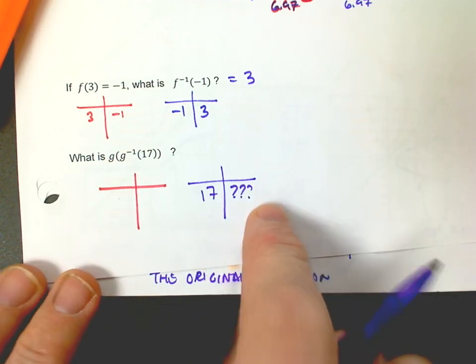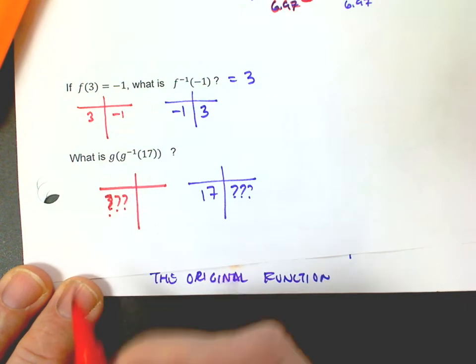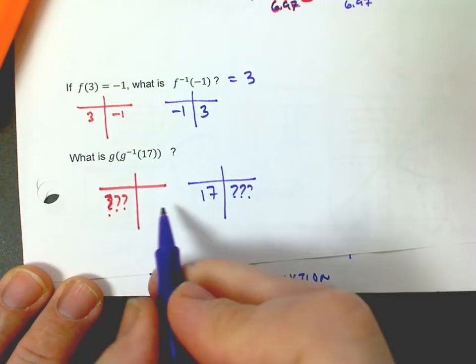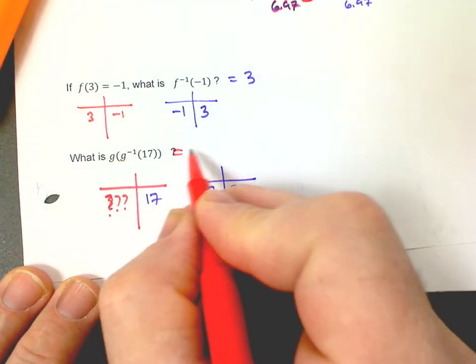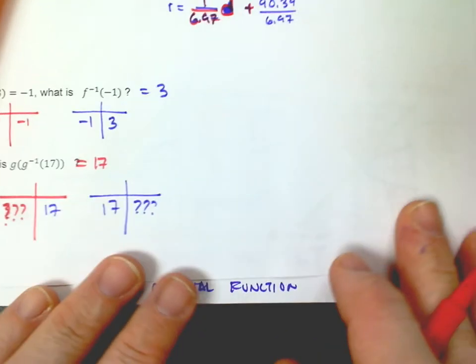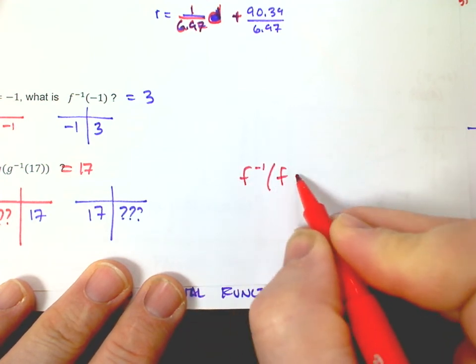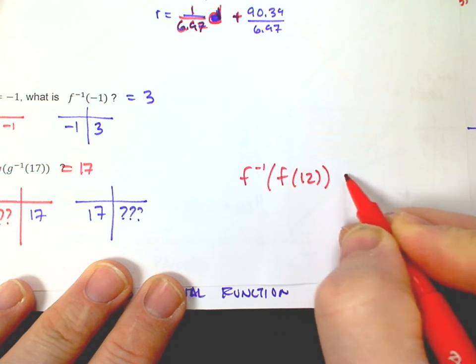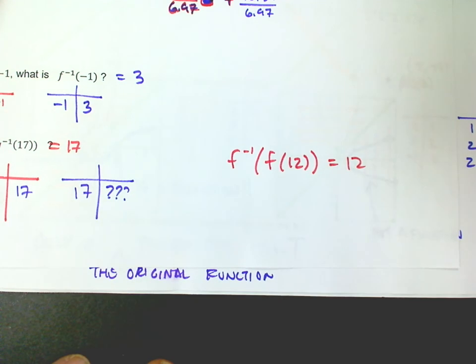But I know if I put whatever that is into my g function, if these two things are indeed the same, I better get 17 back out of this. So yes, this is simply equal to 17. And the order doesn't matter. I could do this one. What's that going to give me? 12. Okay. Again, like squaring and square rooting it. That's how inverses work.